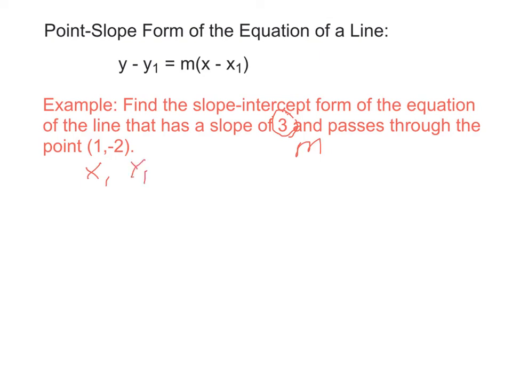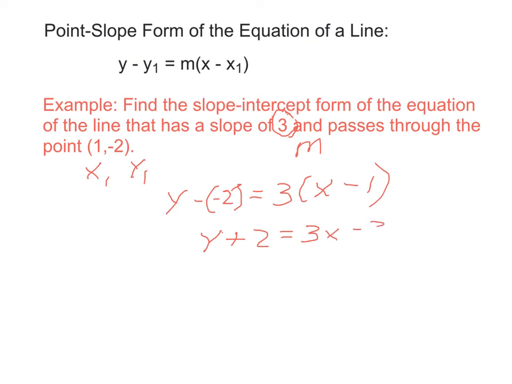So we got the 3 constants, and we simply can plug them into our equation, which gives us y minus a minus 2 is equal to 3 times x minus 1, or y plus 2 is equal to 3x minus 3.